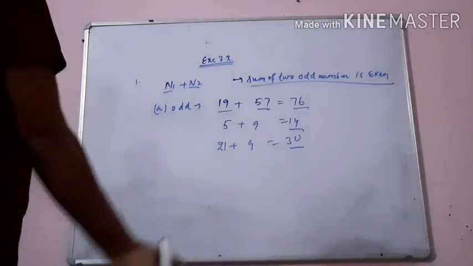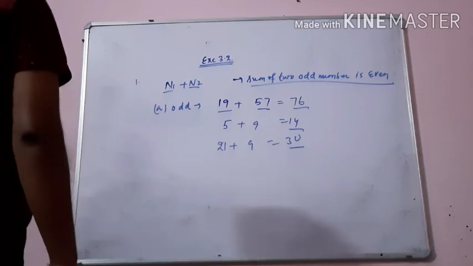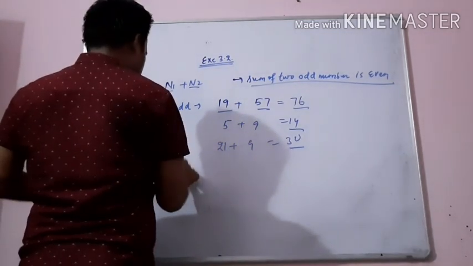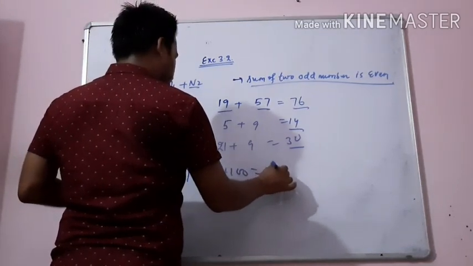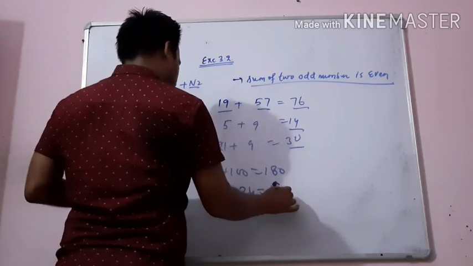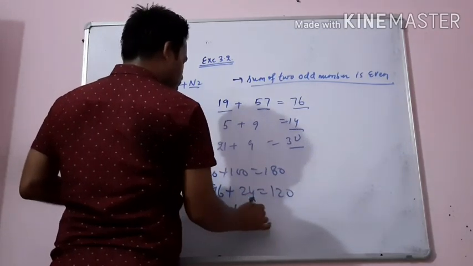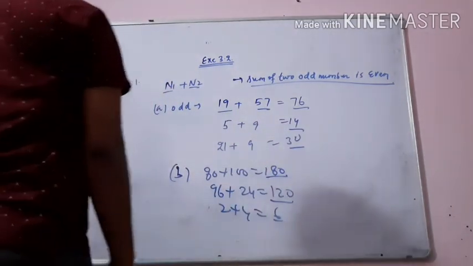In the case of even, it will be even. In the case of odd, it will be odd. Now moving to even numbers. Take any numbers: 80 plus 100, 180; 96 plus 24, 120; 2 plus 4, 6. Sum of even numbers is an even number.